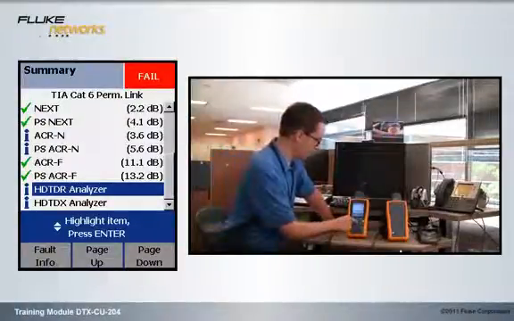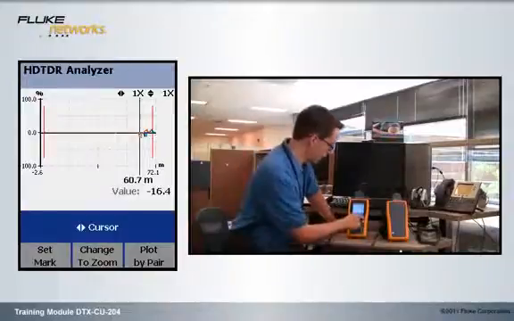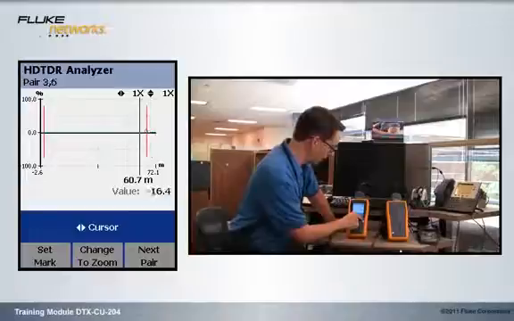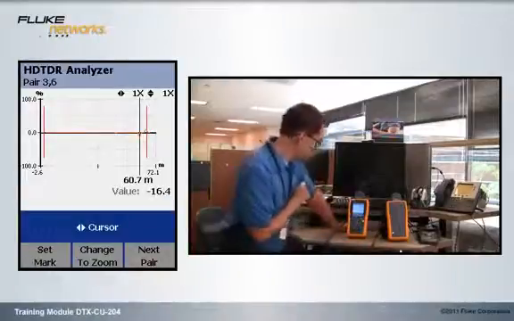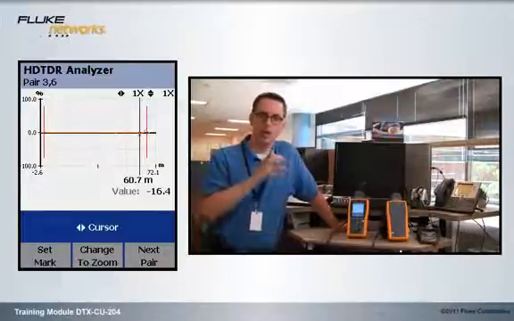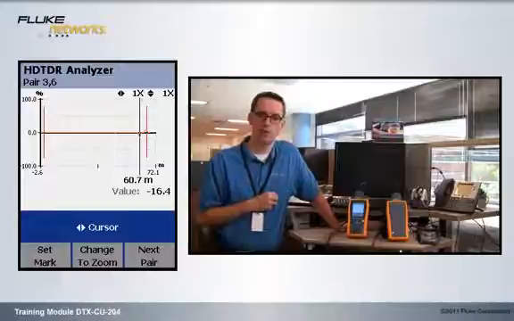I'm going to hit the enter key. Then I'm going to hit the F3 key. And I'm going to hit it until I get to pair 3,6. I'm only doing that because that's the shortest pair. That'll give me the correct distance to the fault. Because when you're talking about measuring the outer sheath, that's done based on the shortest pair in the cable.